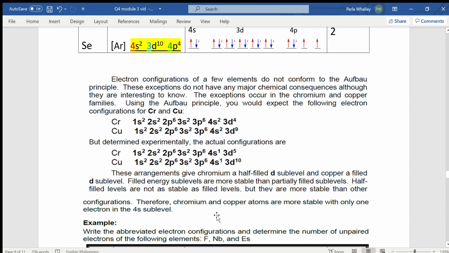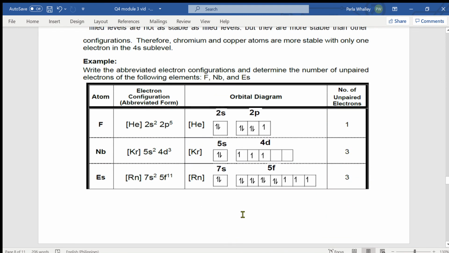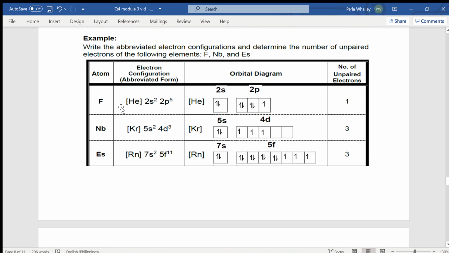So this arrangement is stable for chromium and copper atoms with only one electron in the 4s sublevel. Here we have some more examples. So please do it by yourself.